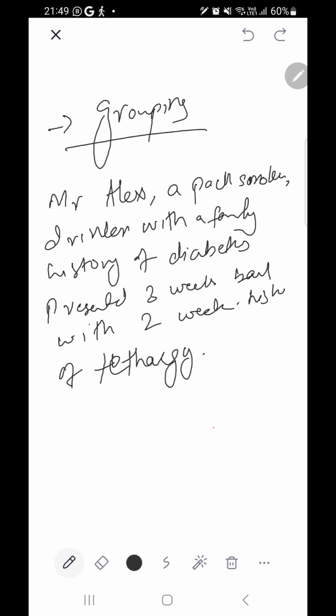So you can see that in this way, I have just combined the risk factor along with the presenting complaint. This is called grouping. So grouping means that you have to write down the same set of information that is important in one paragraph accordingly, right?